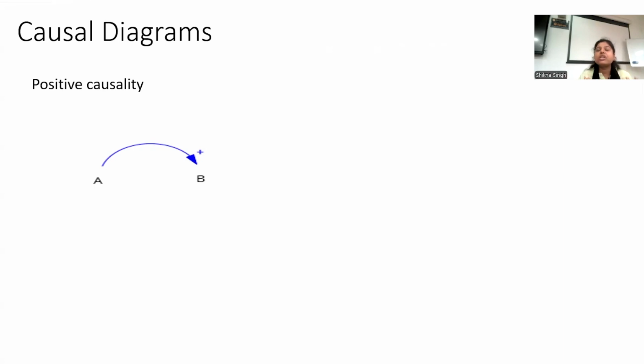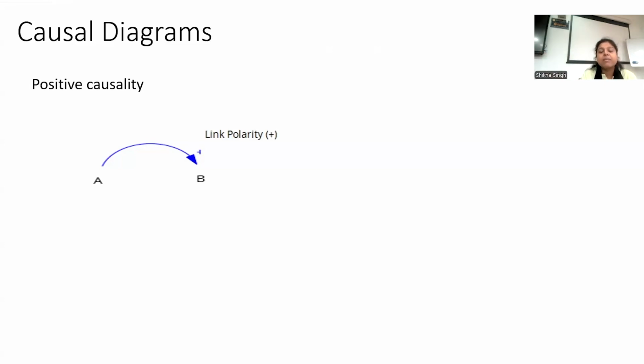A causal relationship in itself explains that one is the cause impacting the behavior of some particular component, or you may say that one is originating the other. But in system dynamics modeling, we say these two parameters exist, but how are they related? So if this relation is positive, it means the polarity is positive, it means when A is increasing, B will also increase with A, right? So this is how they are dependent on each other.